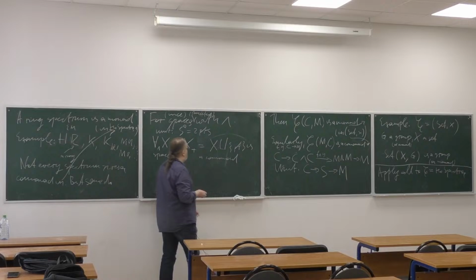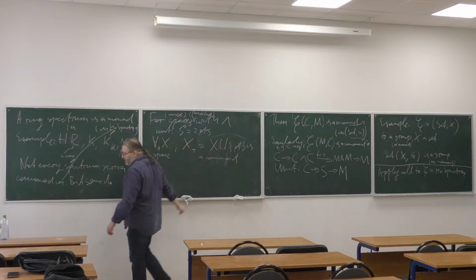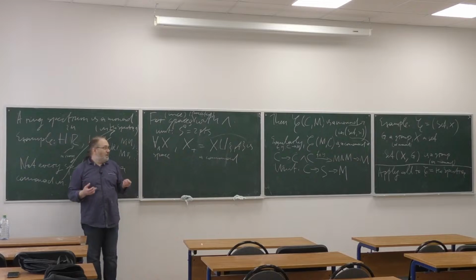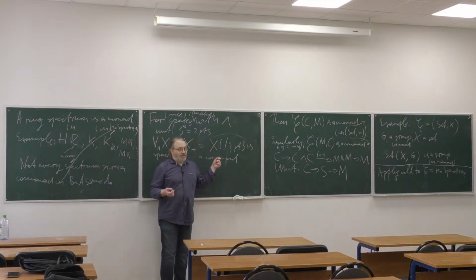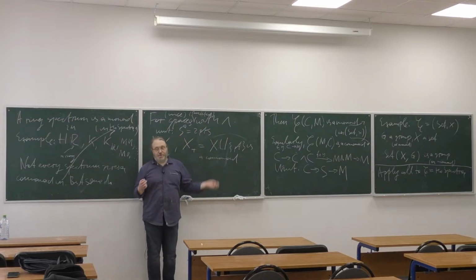Basically, the problem if I don't do this is having a map into the monoidal unit. Otherwise, if I don't do this, then how do I map X into the monoidal unit, which is S naught?